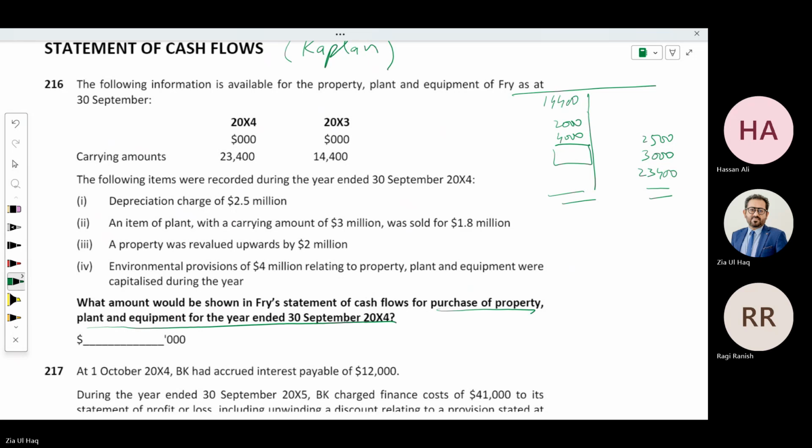Now see, what's the balancing figure? $8,000. They are asking about addition. Figures are in thousand.